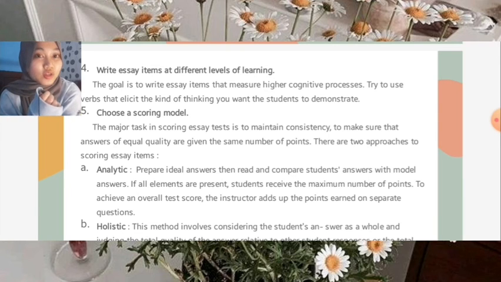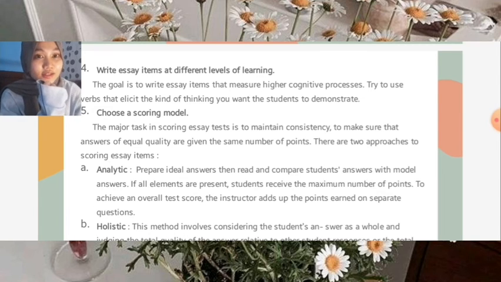There are two approaches to scoring essay items. The first is analytic. Prepare an ideal answer, then read and compare student answers with the model answer. If all elements are present, students receive the maximum number of points.